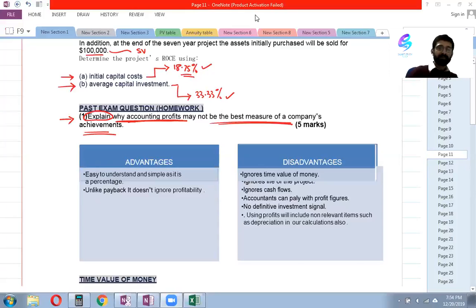So for example, if you recognize the revenue in the wrong way, you can actually manipulate the profitability figure. So it can be manipulated for personal gains, like the manager may manipulate it in order to get the bonus. So that's the first problem. And the second thing is it does not show you any liquidity, right?